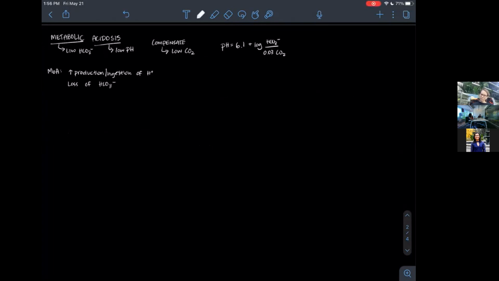So the anion gap looks at the fact that there's a bunch of different cations and anions going through your blood and your fluids, but we don't measure every single one.